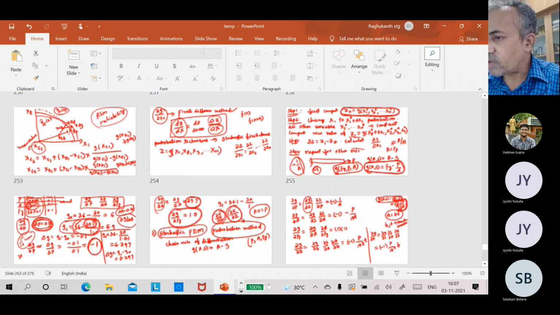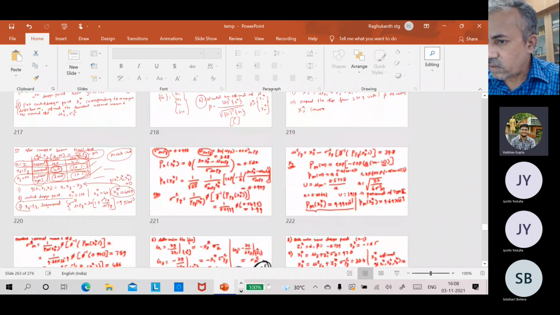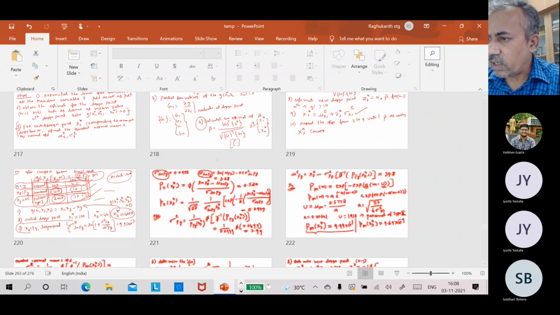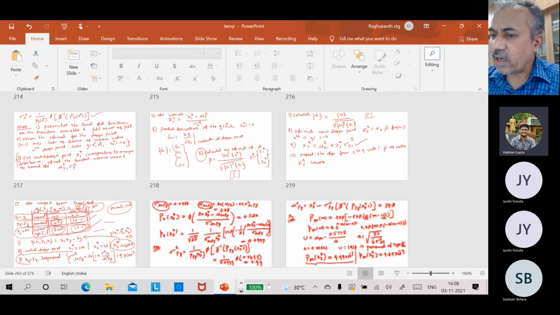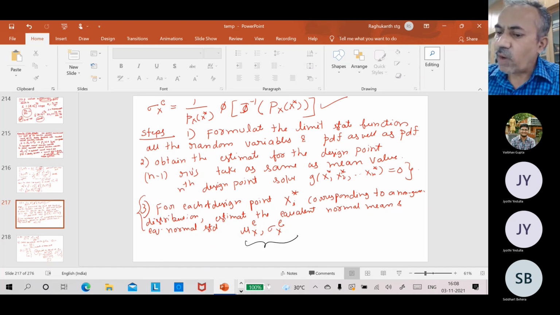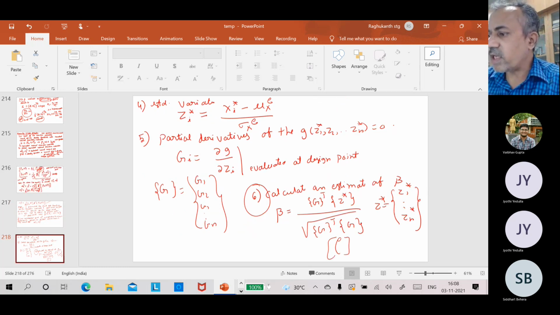We formulate the limit state function, which is the same as the performance function. But were we working directly with the random variables, or what? These were the steps we discussed. Now X are the original random variables. So we are not working with X here. What is it that we are working with?